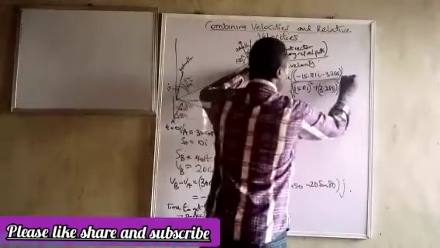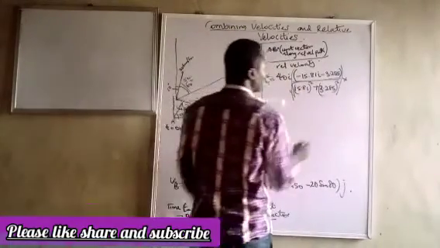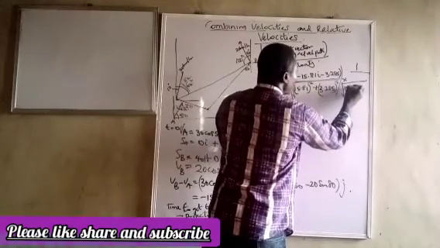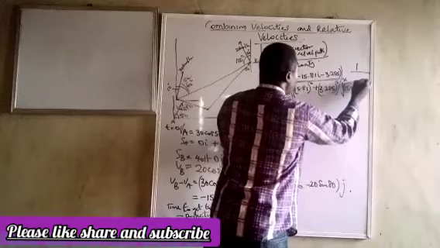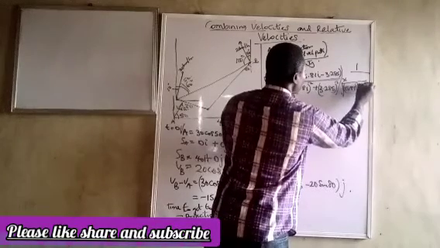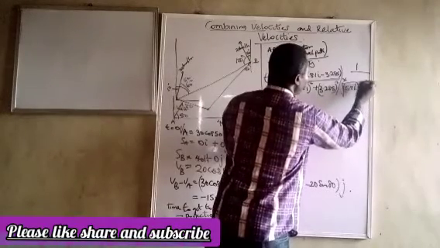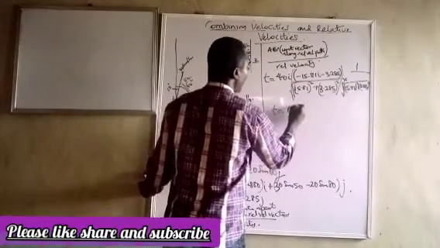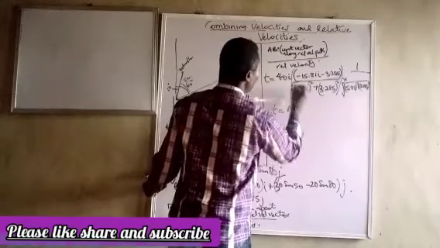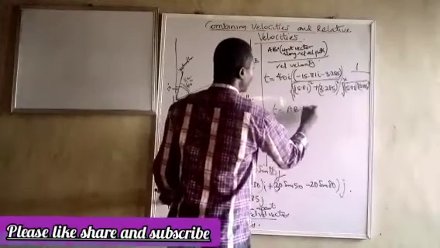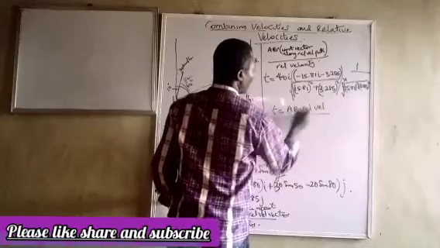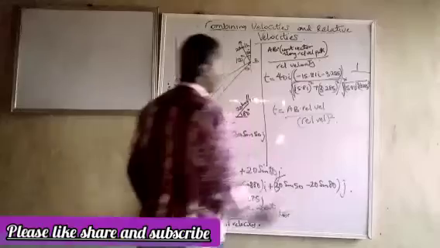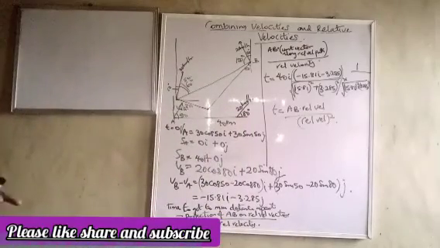Relative velocity now. So you now divide it with the relative velocity. And what is relative velocity? The relative velocity is also equal to root of 15.81 squared plus 3.285 squared. So you can see, T is actually AB dot relative velocity over relative velocity all squared. So you can see it's fun, just like that.